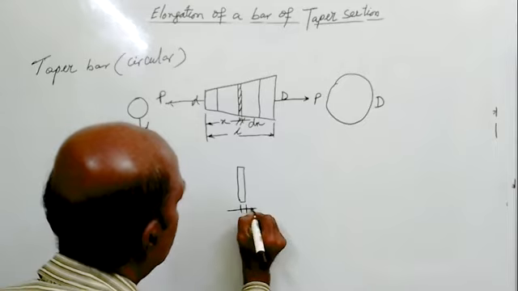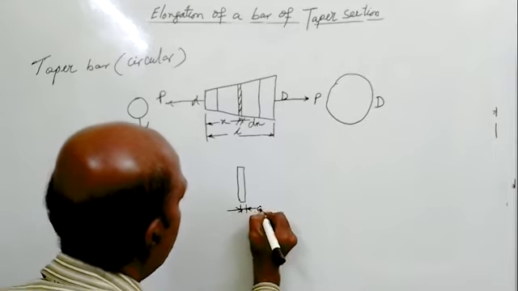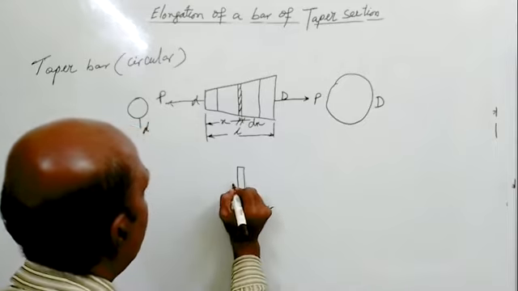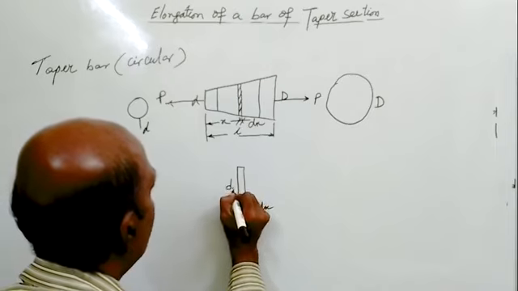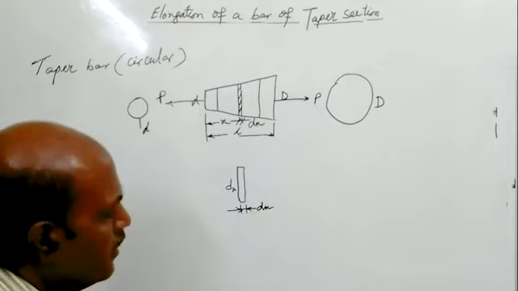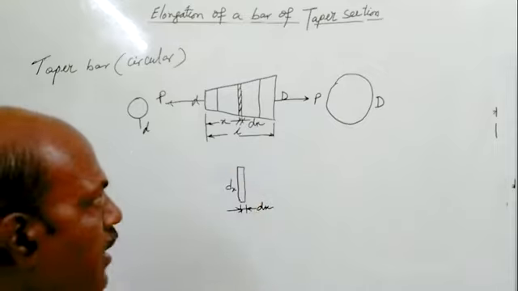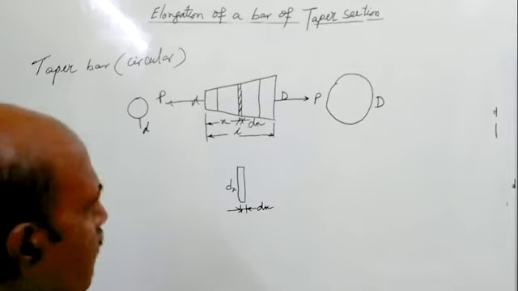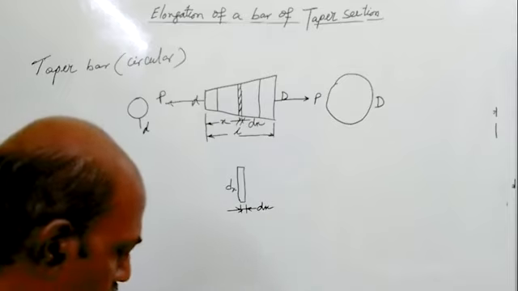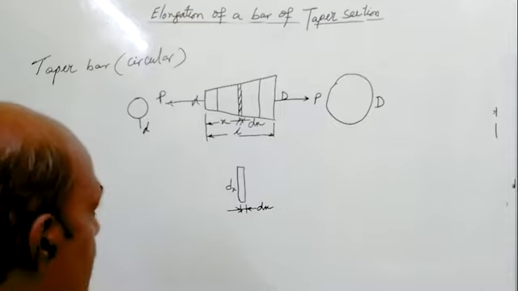Elemental length is dx, and we don't know the diameter, so say here it is d of x. Now we will find what is d of x.